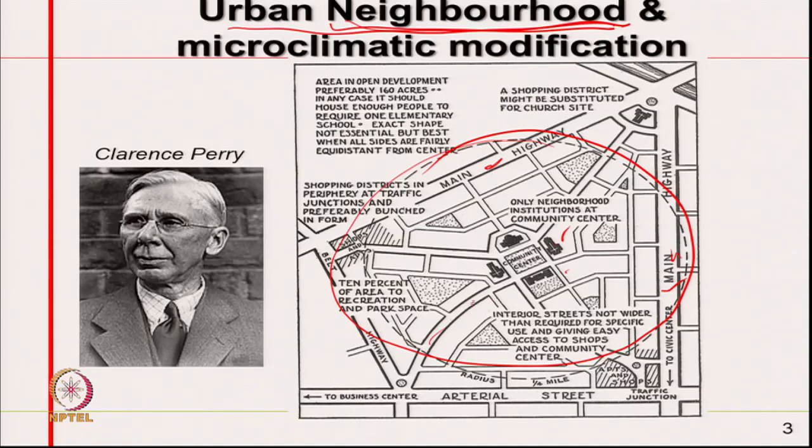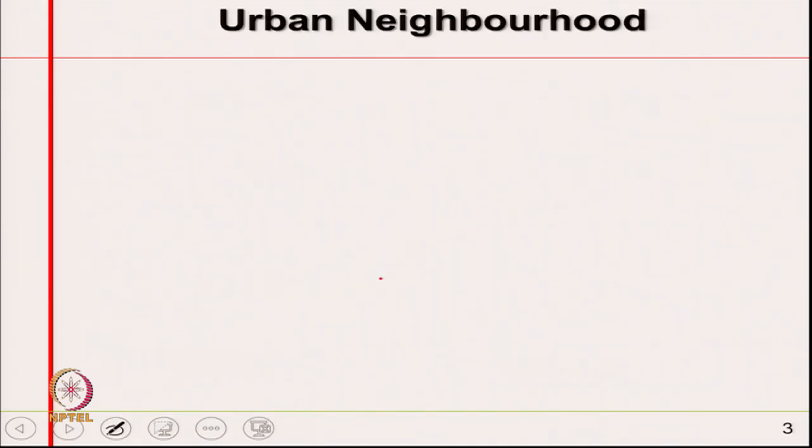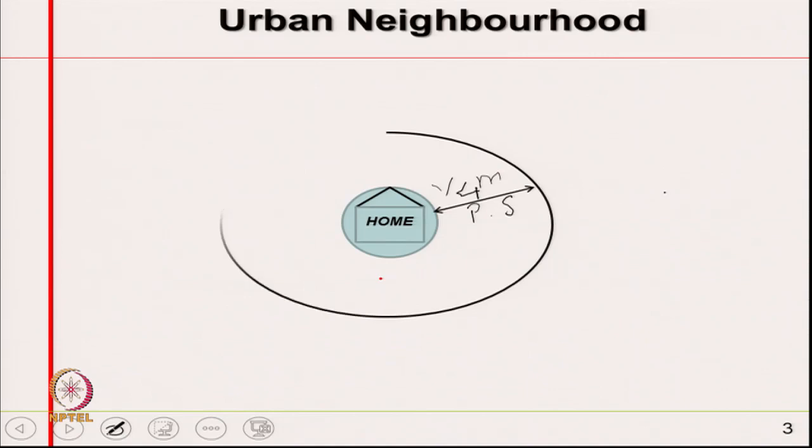And the arterial road and the interior roads are lightly surfaced, right. There will be some local recreation area and light surface only for private vehicles, no thoroughfare should be there. So, basically what it assumes is home is the home.